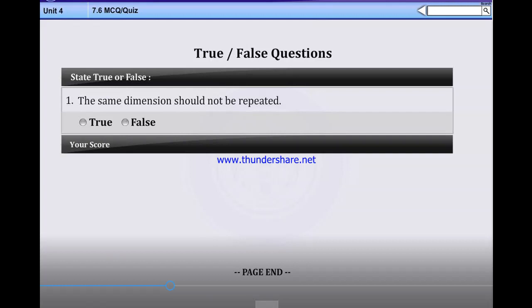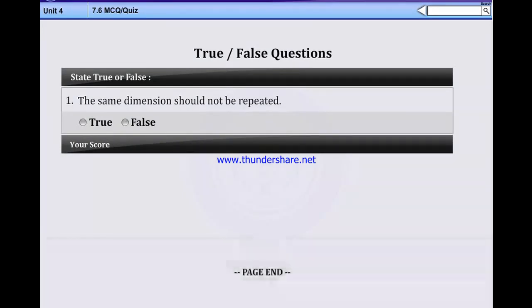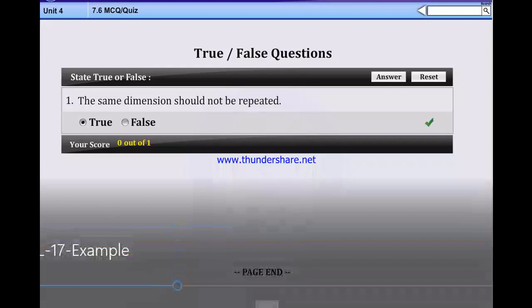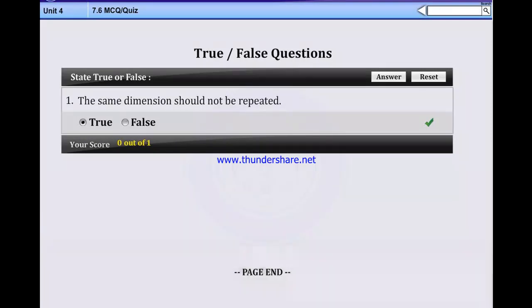You have to say it is true. In the previous example we studied how it will be placed, like 2 into 520. Like that it will be placed.